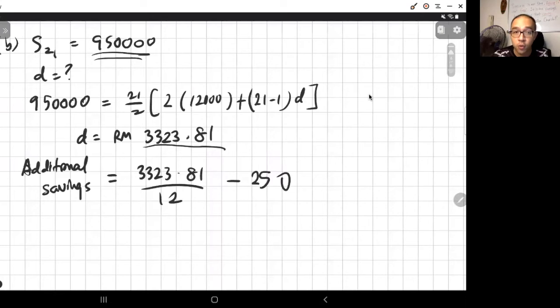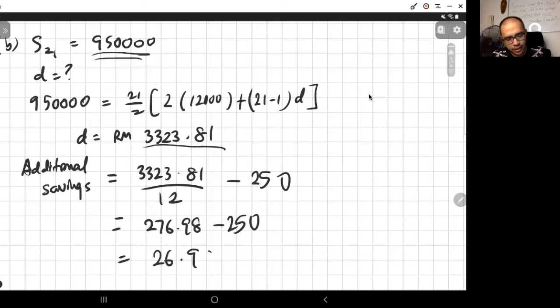Every month she saved 250 ringgit. Okay, so you will get, this is so ridiculous, 276 ringgit and 98 cents. So she has to top up an additional 26 ringgit and 98 cents per month in order for her to reach the financial goal of 950,000 ringgit.